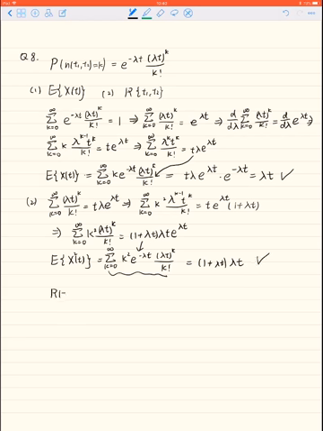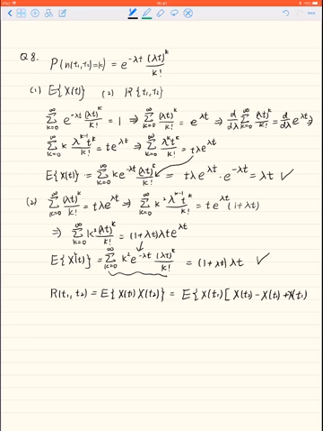Now we have to figure out R(t1, t2). By definition, R(t1, t2) is the expectation of X(t1) times X(t2). In this case, we use a simple trick: the expression becomes the expectation of X(t1) times (X(t2) minus X(t1) plus X(t1)).